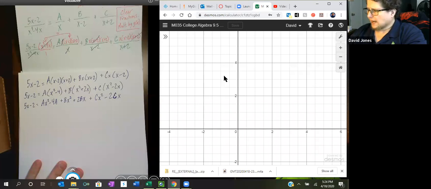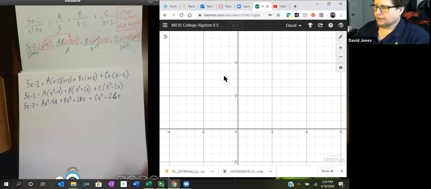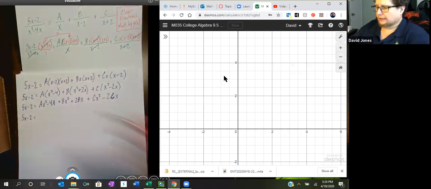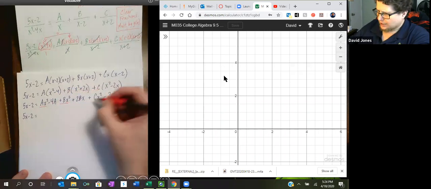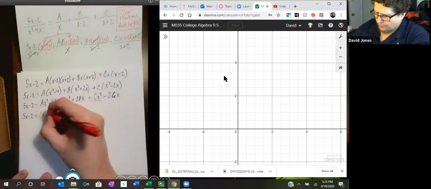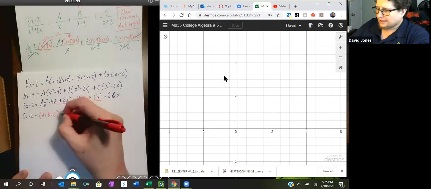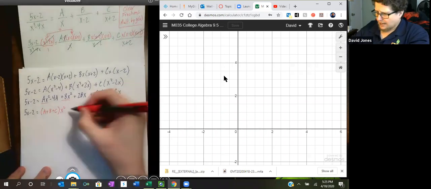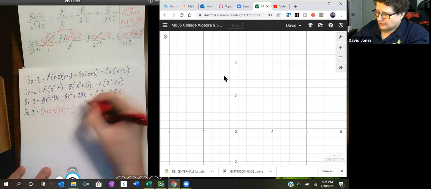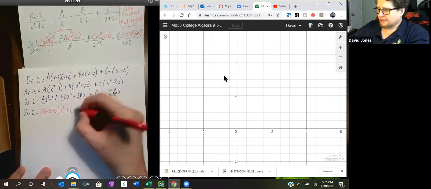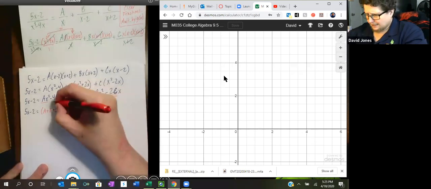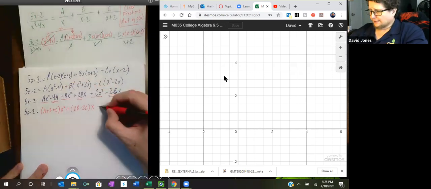Now gather like terms. Which terms have an x squared? I have Ax squared, Bx squared, Cx squared. So I have A plus B plus C times x squared. And then for x, I have 2B and negative 2C. And finally, for no x, I've got minus 4A.